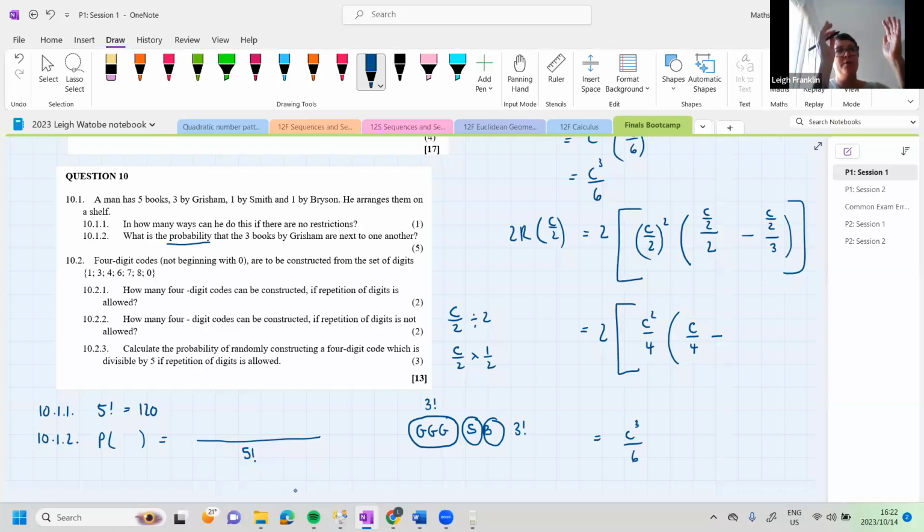So you can have the 3 Grisham books together, and S and B, and then next you can have S and then the 3 Grisham books together and then the B at the end. Or you could have the S and the B at the front and the 3 Grisham books at the end. And then the S and the B could also be switched around. Okay, but that is the easiest way to work it out. So our numerator here is going to be 3 factorial by 3 factorial.